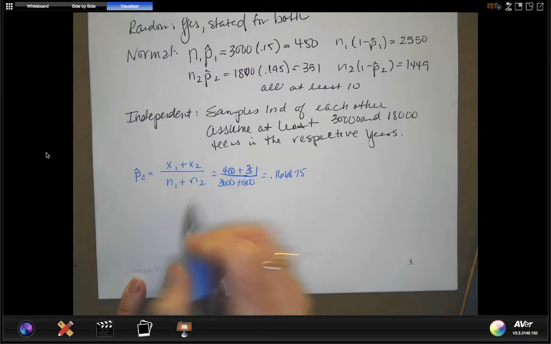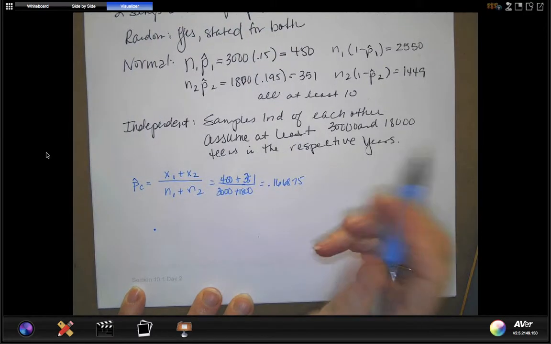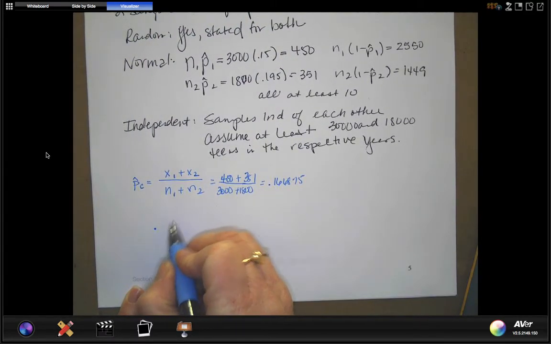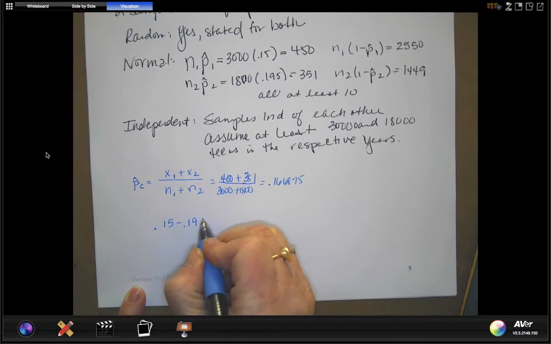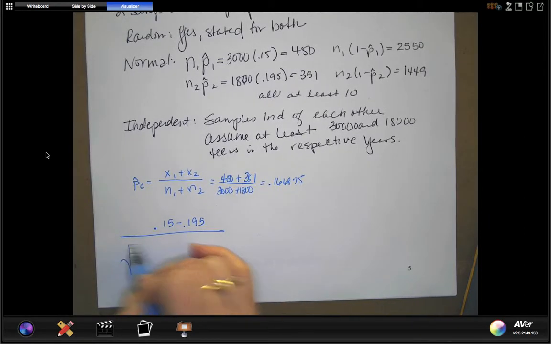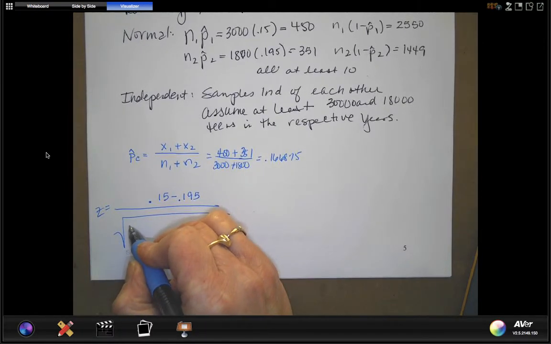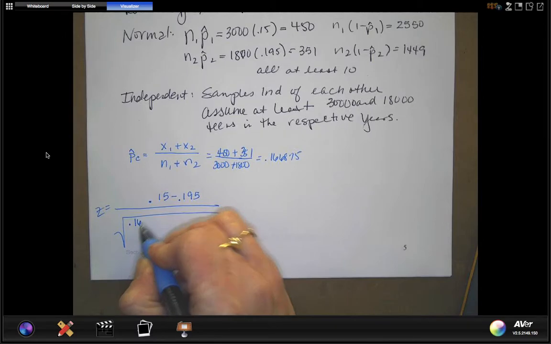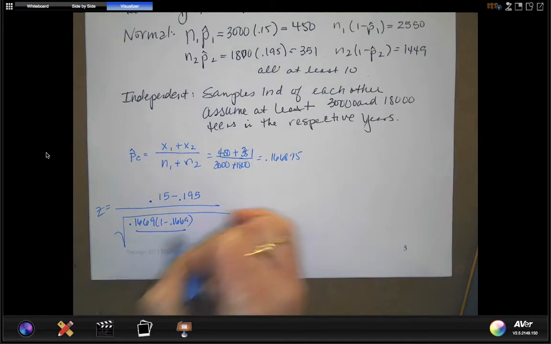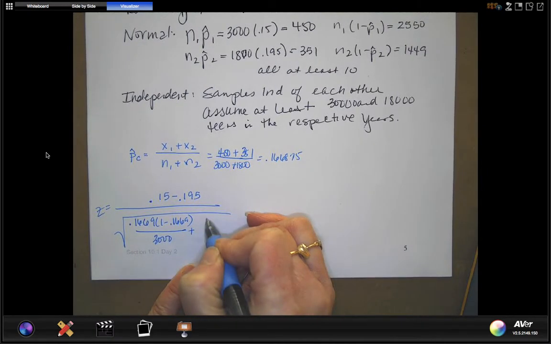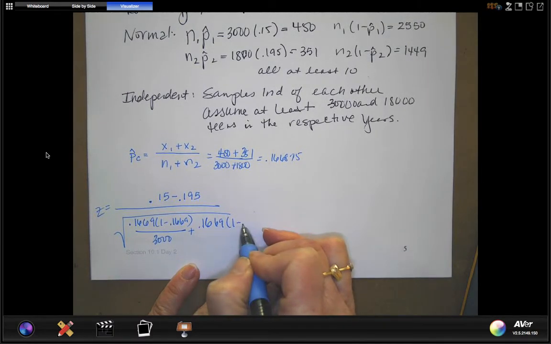So if I were doing the formula, my p hat 1 is my 15% here, so I would have to do my 0.15 minus my 0.195, divided by, and again this is Z, this p hat c, so I don't know, 0.1669 I'll do, times 1 minus 0.1669, over 3,000, plus again that 0.1669 times 1 minus 0.1669.